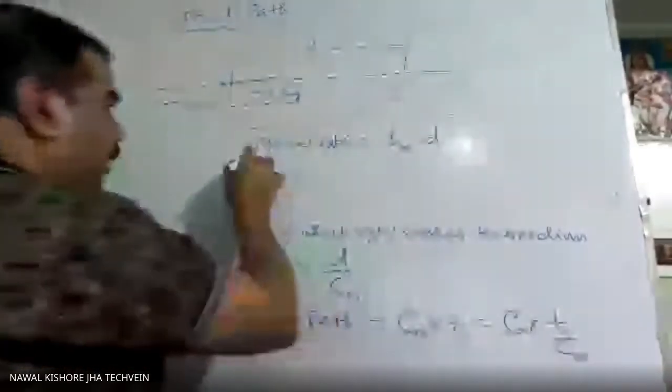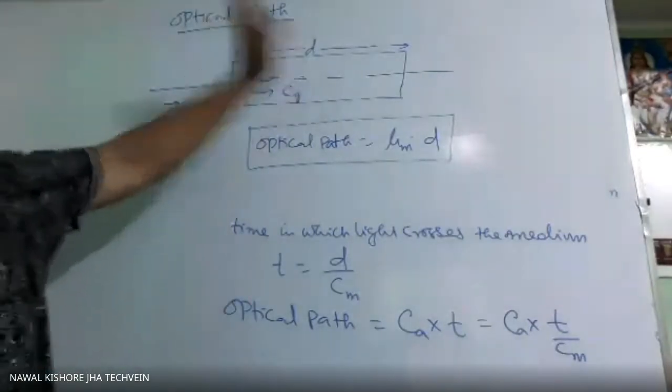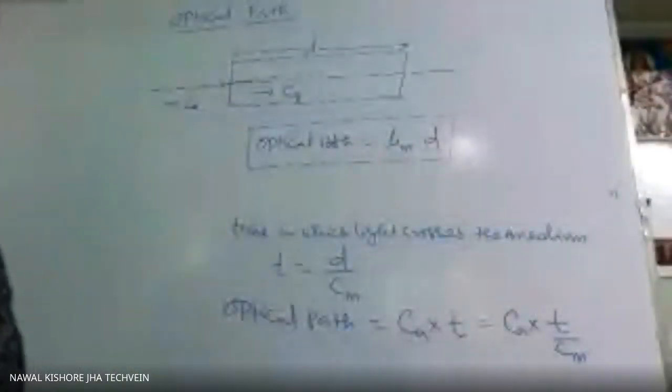This is the optical path. It means in place of this medium, if air were present here, the light would have traveled this much distance, which is of course more than this thickness. So this we call optical path.